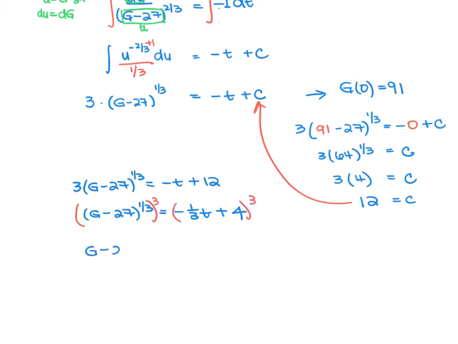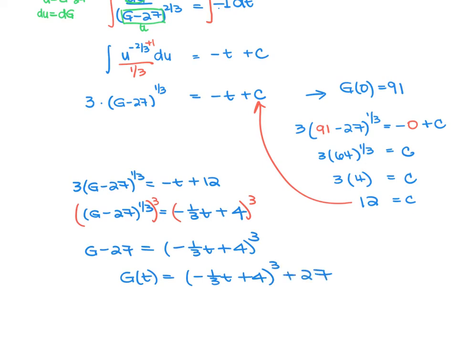So g minus 27 is equal to the quantity negative 1/3 t plus 4 raised to the third power, plus 27.